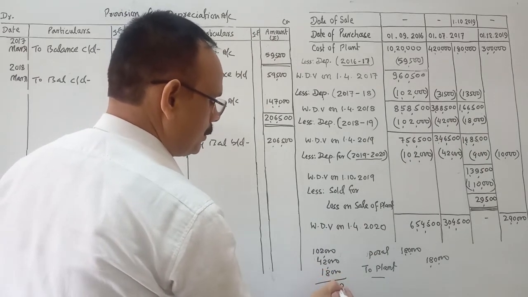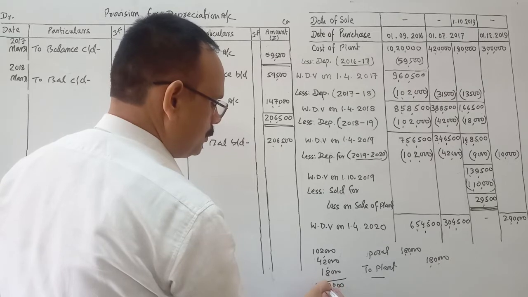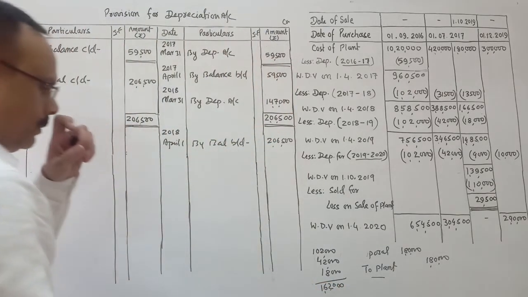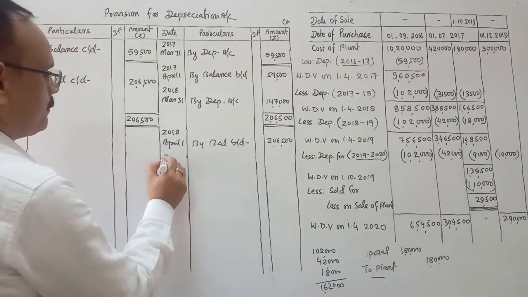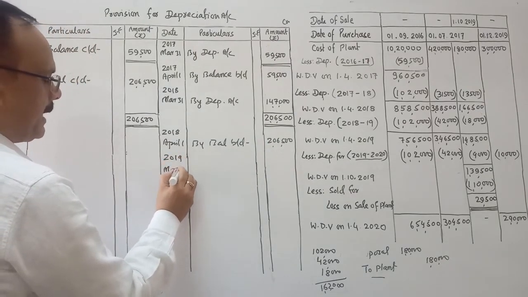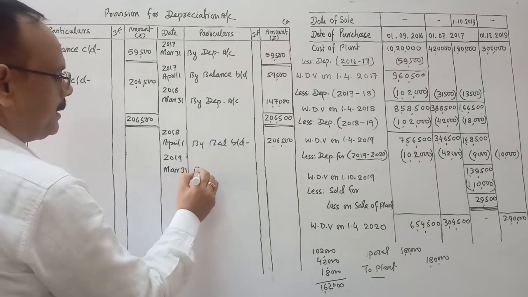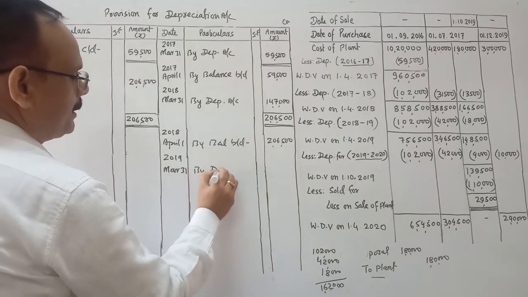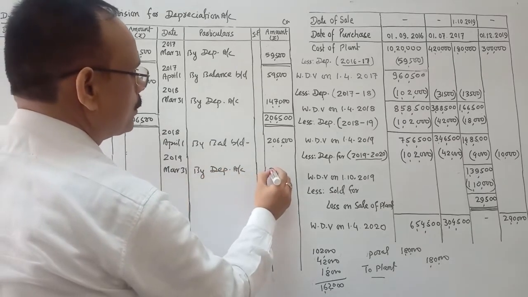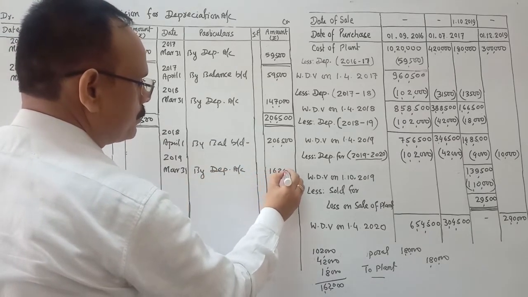So the total is 1,62,000. The financial year ends on 31st March 2019, so by depreciation account, 1,62,000.